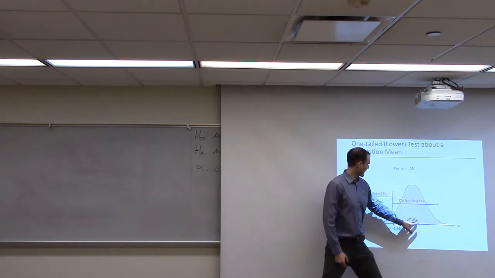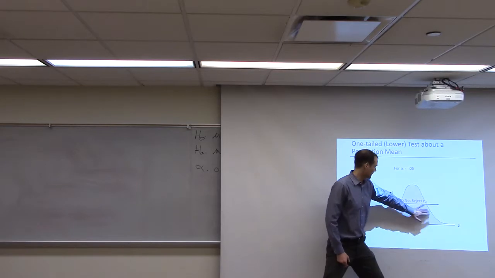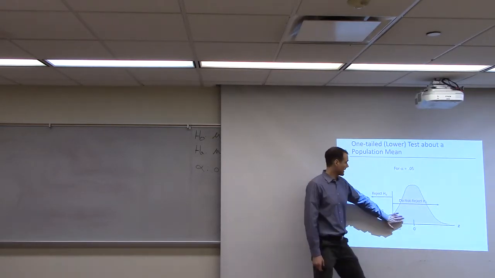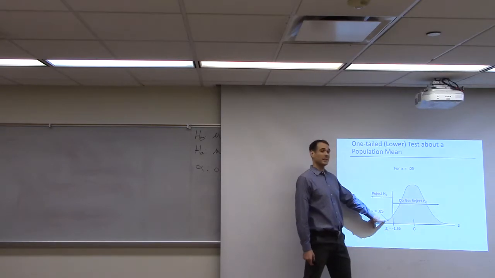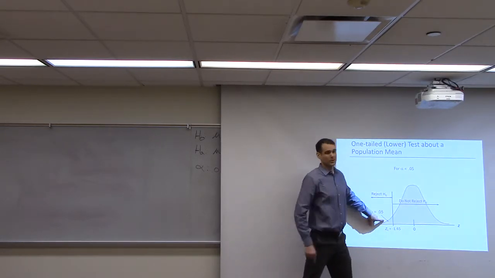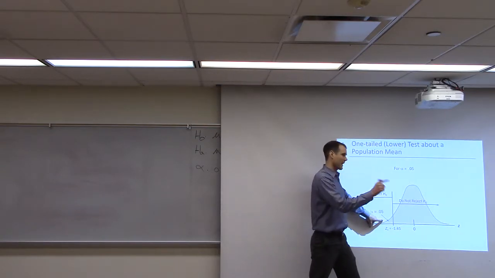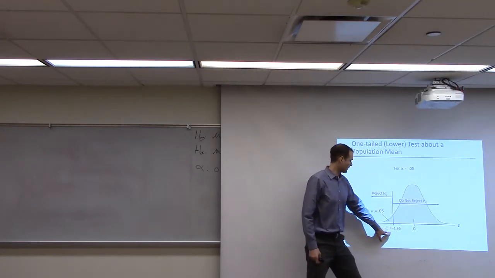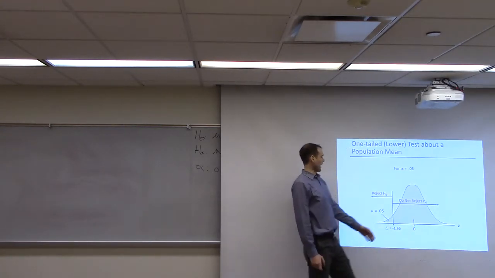All right, I'm going to say that I want to look at my sample results. Anything above 0, I'm going to say, okay, you're probably right. Anything less than 0, I'm going to be suspicious. A lot less than 0, I'm going to be not only suspicious, but I'm going to go on record and say I reject what you're saying. I think what you're saying is not true. That's based on our significance level, and we could set up a critical value for that.